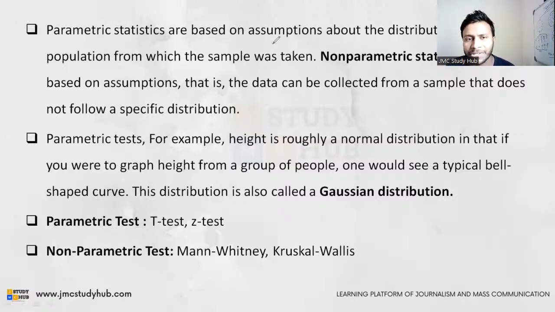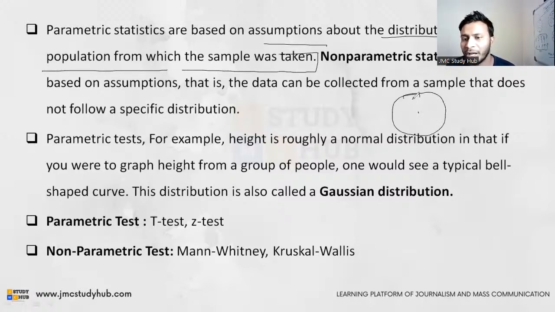Parametric tests are based on assumptions about the distribution of the population from which the sample was taken. Whatever your population is, you have drawn the sample from the population. This is your population and this is your sample.